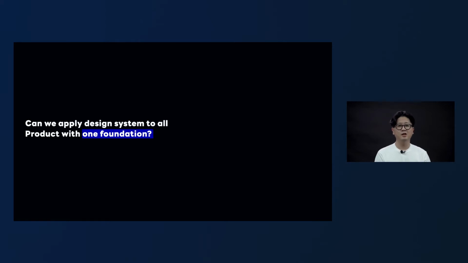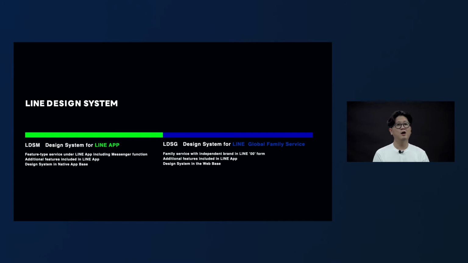One Line application and many global family services. Can we run it with one design system? We tried to apply the design system to other global family services, but we found out that it was not easy to apply that to all family services.